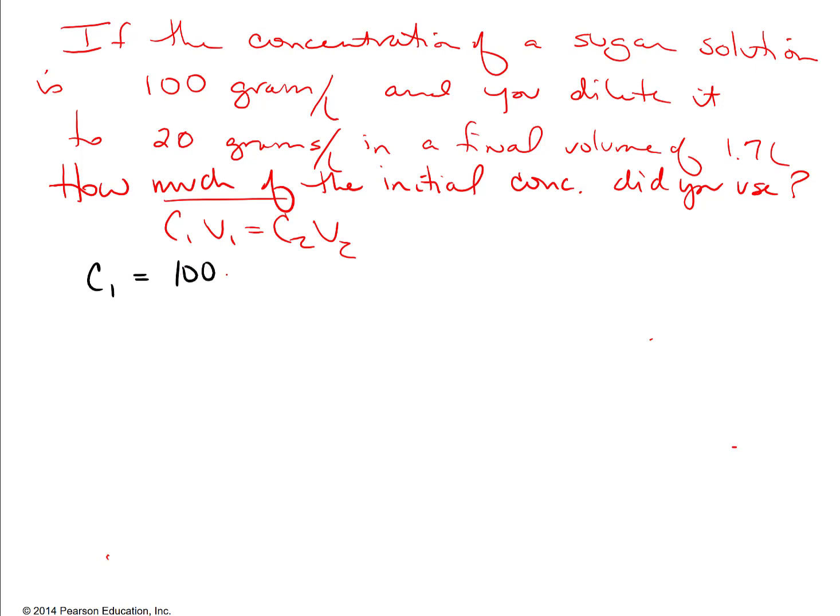C1 is 100 grams per liter. What is V1? What's the initial volume? That's what you're looking for. That's the unknown, the X, because it says how much of the initial concentration.